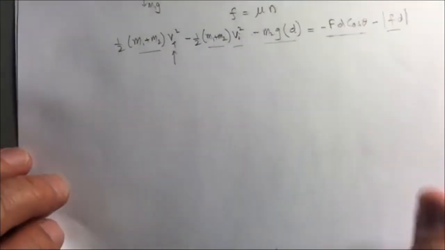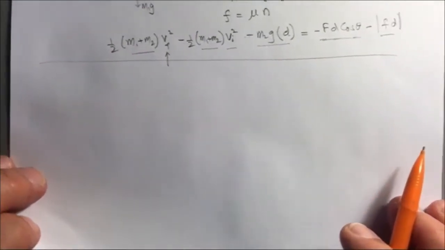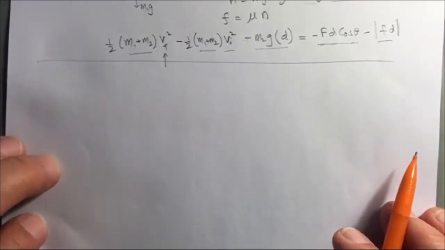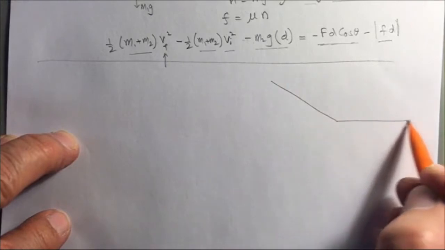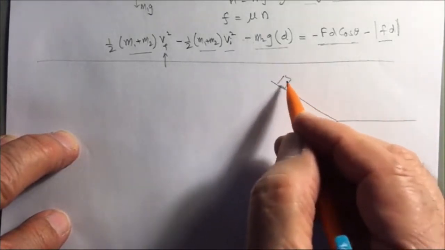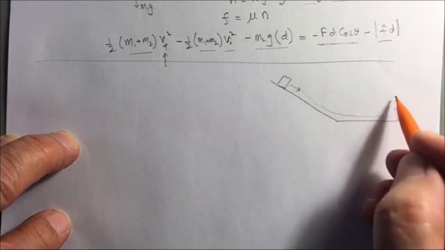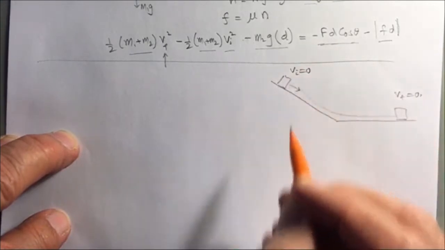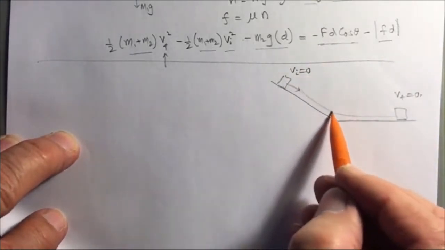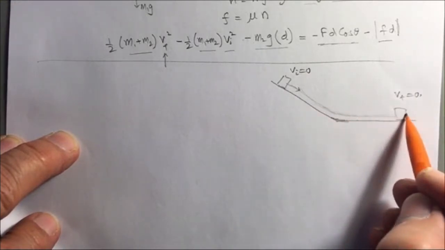Now, as a last example, let's consider an object that's sliding down and then goes along the floor and it stops over here. It starts from zero velocity, it accelerates down the smooth slope, and then it goes along the floor and stops here.